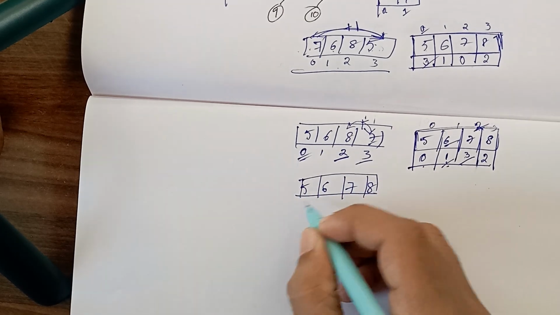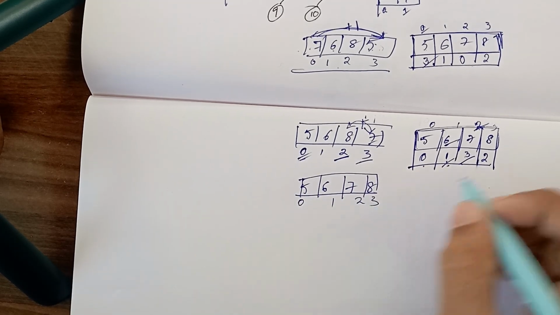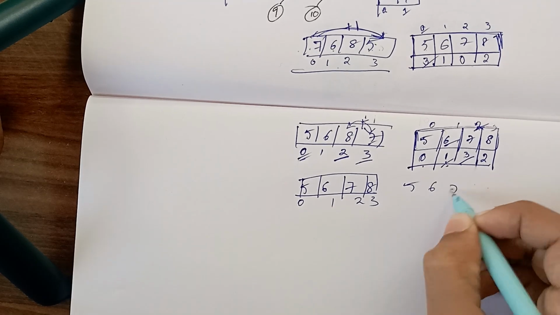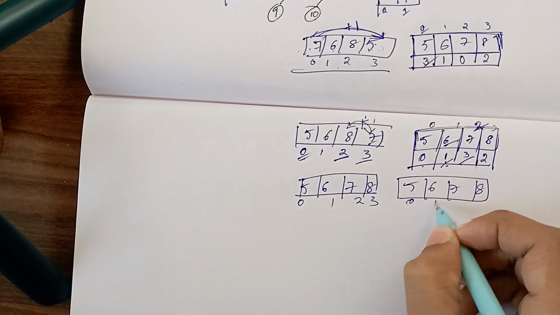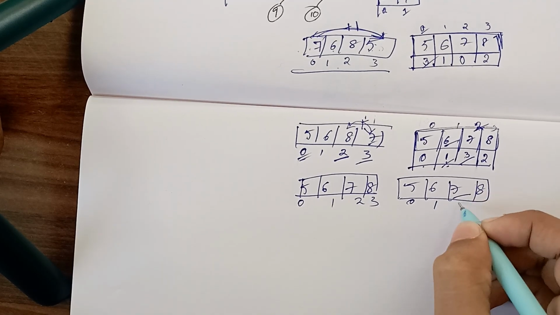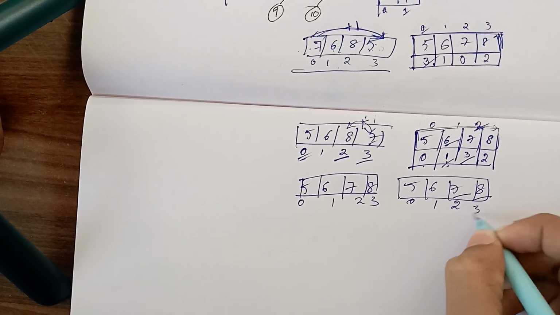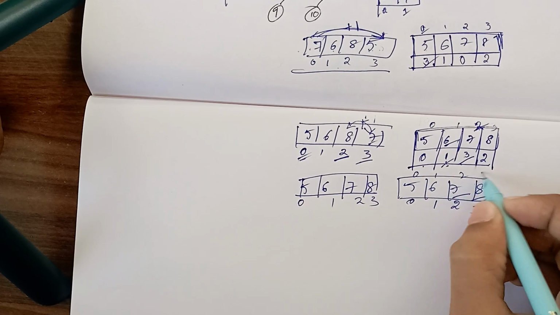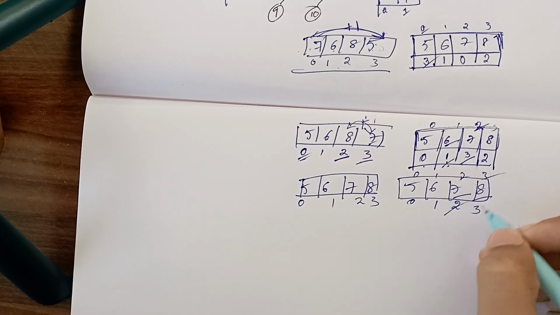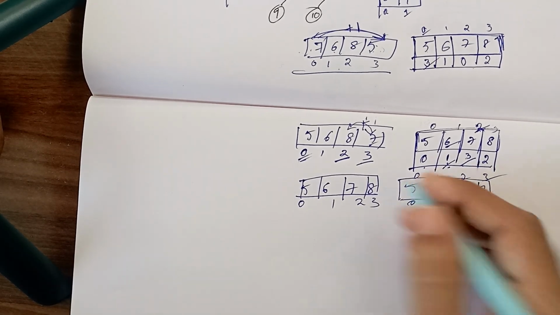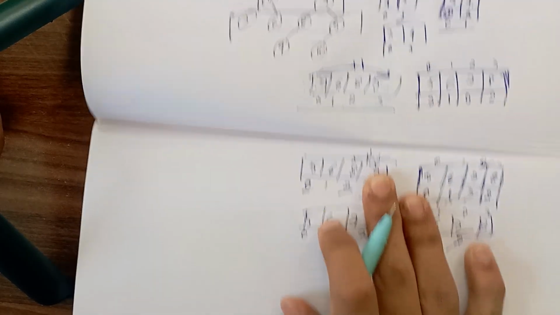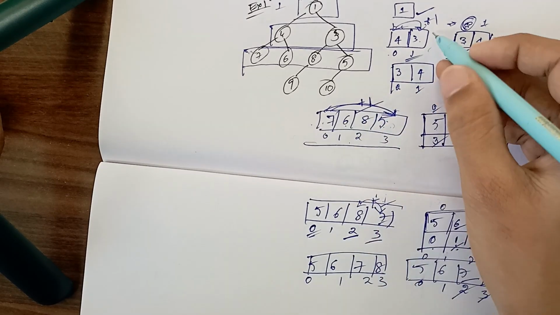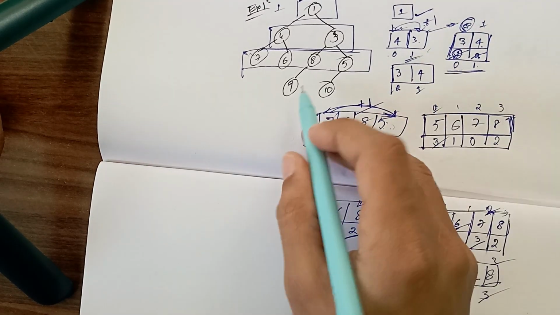Now 7 is at 2, 8 is at 3, so 2 is equal to 2 and 3 is equal to 3. So there is no need to swap, and we have swapped one time here, a second time here, and a third time here.